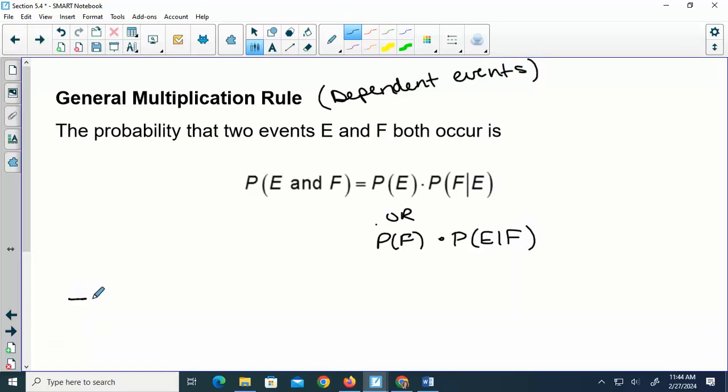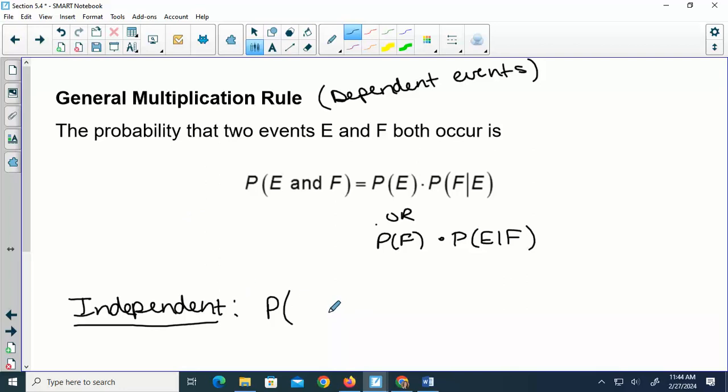Because our definition of independent events is two things that have no bearing on one another, right?